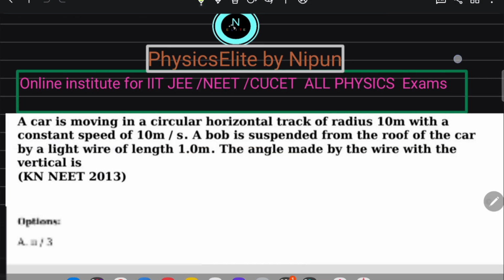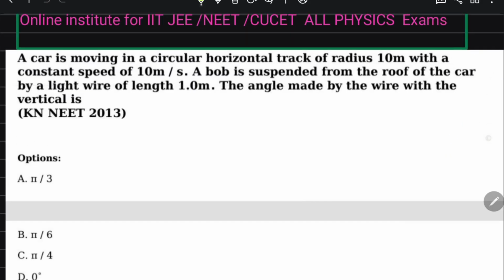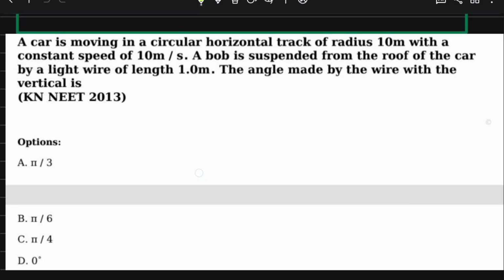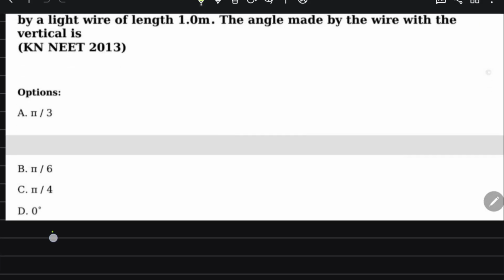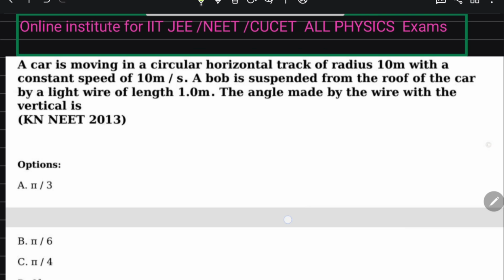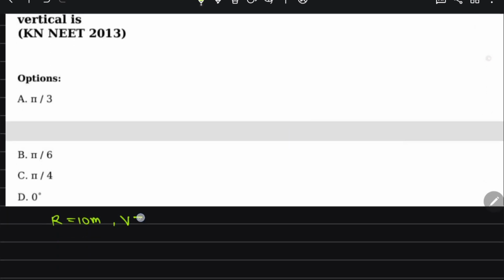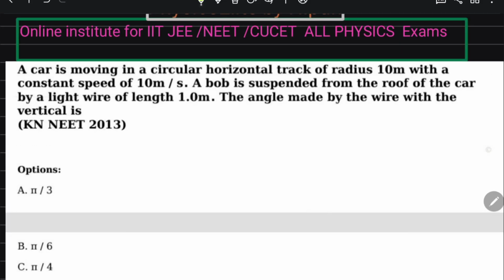So I proceed to the next question. This is also a very good question. A car is moving on a circular horizontal track. Circular horizontal track means there is no banked road. The radius they have given is 10 meter, with a constant speed of 10 meter per second.